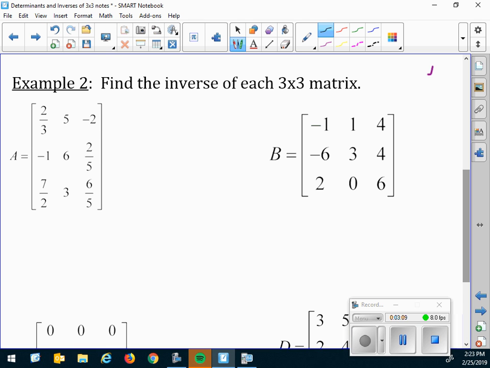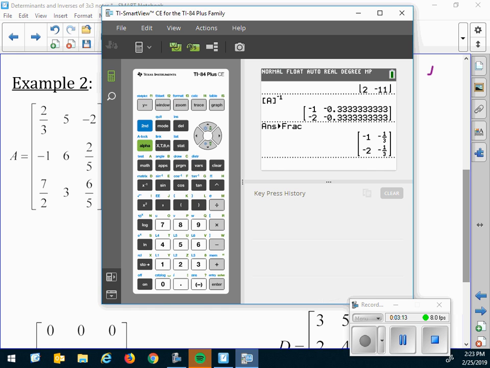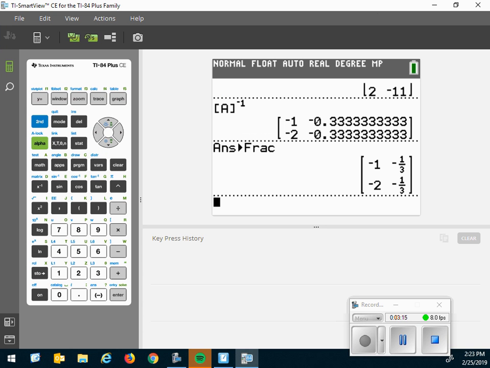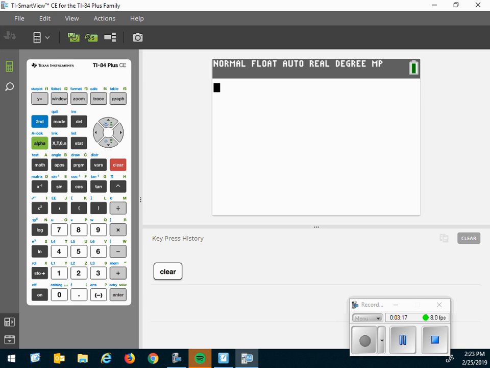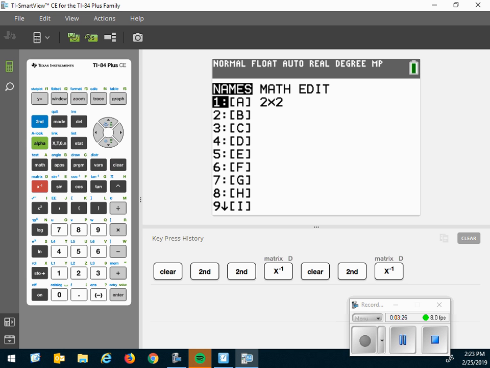Now, do you remember how to put a matrix in your calculator? Let's do it. Don't find anything yet. Let's just get the matrix entered. Since this is called matrix A on your notes, let's make it matrix A.